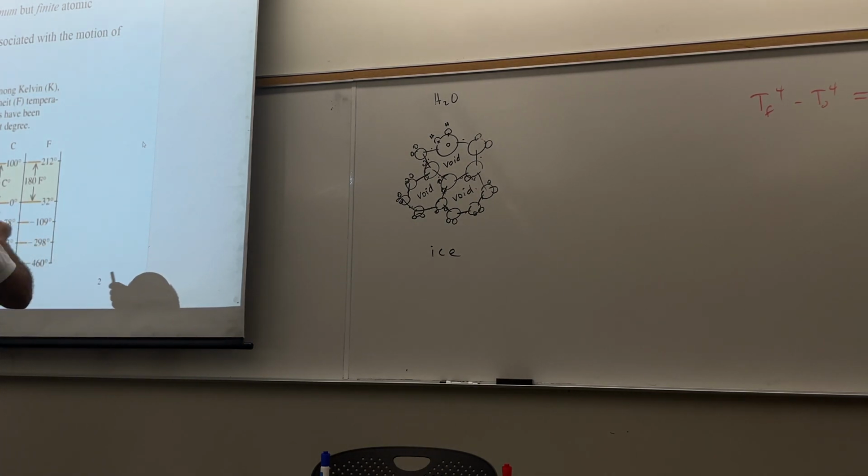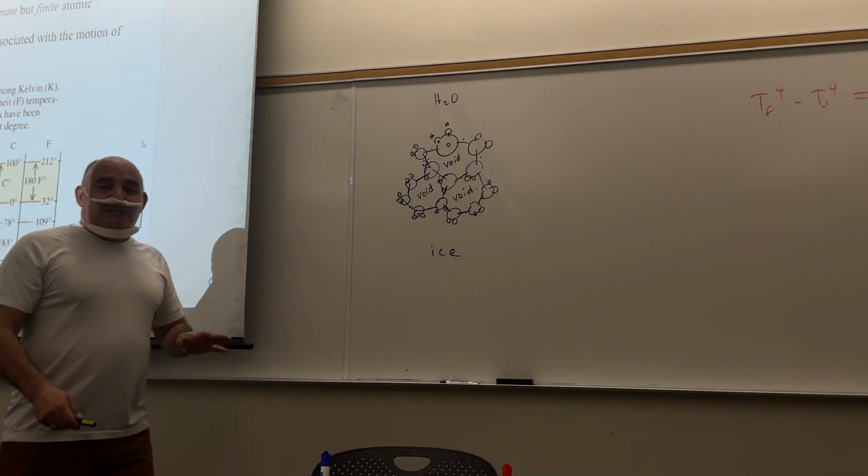And that's when the system, let's say this ice, is in a particular situation where it has minimum but finite, not 0, atomic motion. So the atoms are still moving. It's just that it's a minimum, but not 0. Sometimes people think minimum is 0, but they're still jiggling.